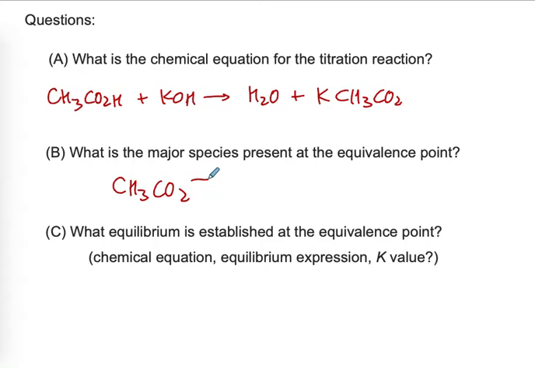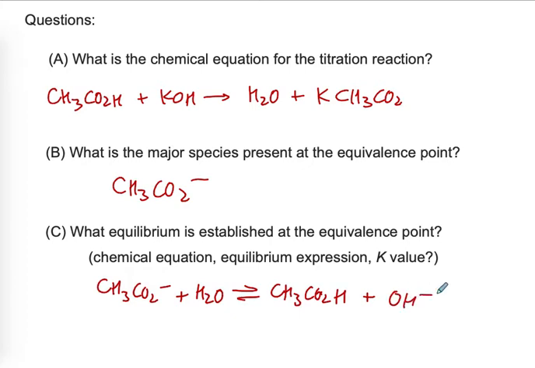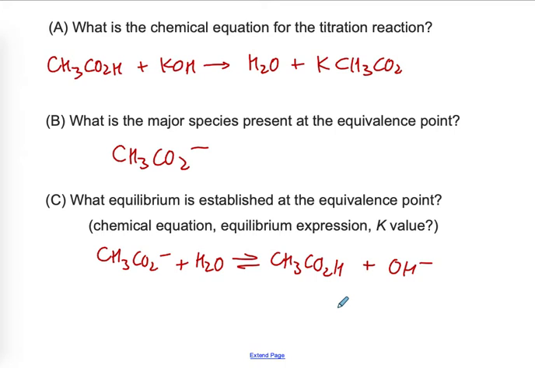And what equilibrium is established? Clearly, the weak base ionization of acetate to form acetic acid plus the hydroxide anion. That's what makes it basic. Fix that formula there. What is the equilibrium expression?